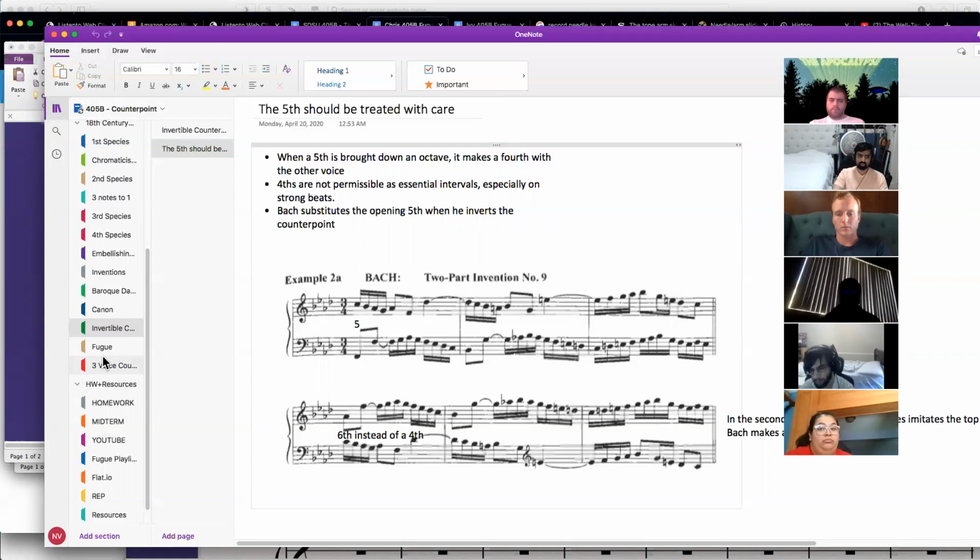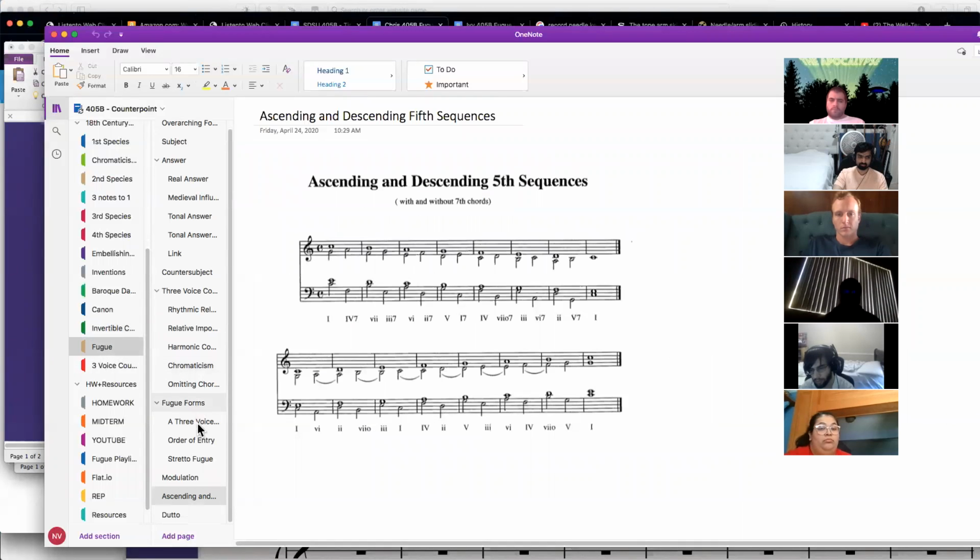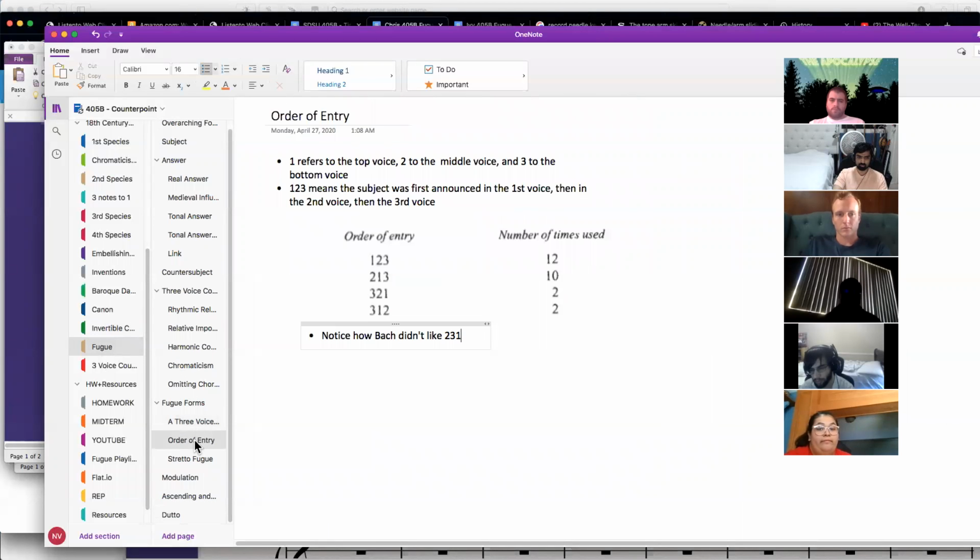There are other types of things. I'll space this out throughout the class, but there are so many different considerations. For instance, they actually have a statistical outline of how many times Bach used this kind of entry versus this kind of entry. Meaning, 1, 2, 3 means that the statement of the subject first happened in the first voice, then in the middle voice, then in the bottom voice.